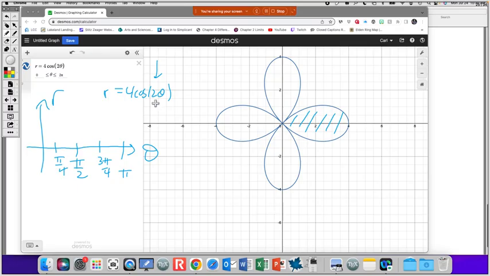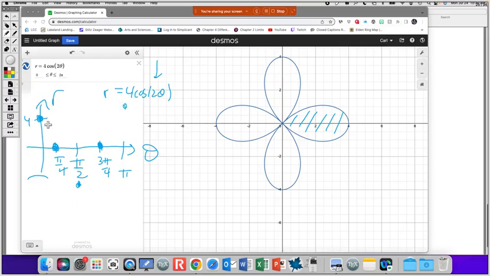You plug in the 0, cosine of 0 is 1 times 4. You're up at 4. So we're starting up here at 4. Pi over 4, you double that. That'll get you to pi over 2. That's where we zero out. Pi over 2, you get the cosine of pi, which is negative 1. Now we're down at negative 4. 3 pi over 4, double that, 3 pi over 2.